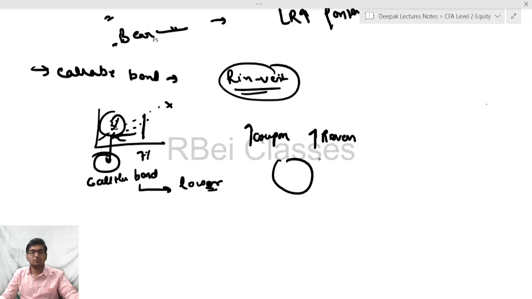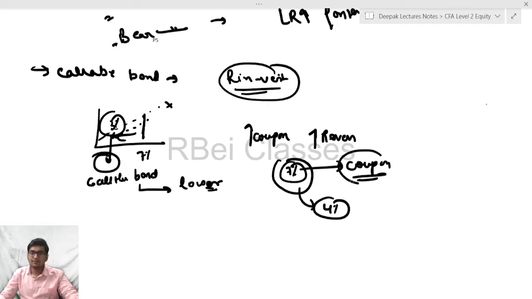See, if you hold a bond and the company is giving you a coupon, but at the time you invested, the interest rate was 7%, and now the interest rate decreased to 4%, clear. Now you have the money in your hand, you have to invest it. Where will you invest? In the market. What will you get in the market? Only 4%. So the higher the coupon, the higher the reinvestment risk, holding all else equal, clear.